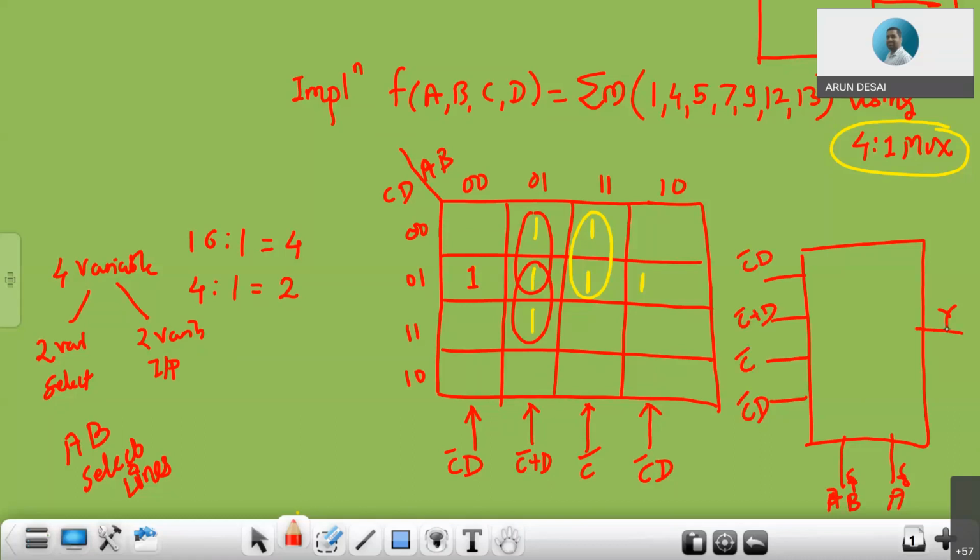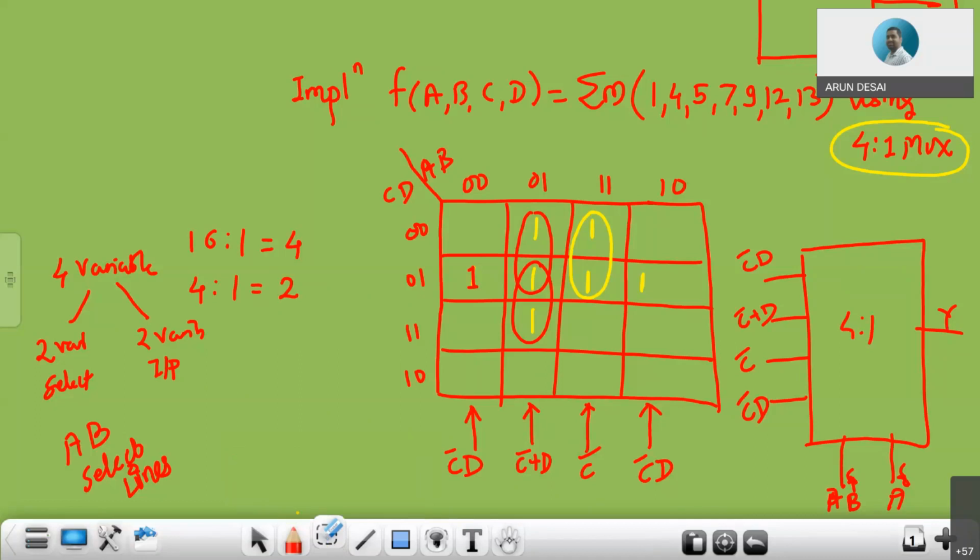So this is how you can convert a 16 to 1 mux into 4 to 1 mux to have the given Boolean expression realized. This is one way.